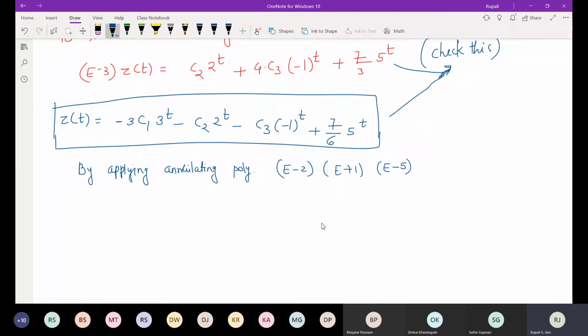The product of these three we will require because I am having three terms, the addition of three terms containing 2^t, (-1)^t and 5^t. If I want to annihilate this, if I apply E-2 it will become 0, the first term will become 0. If I apply E+1 over this, it will become 0. And if I apply E-5 over this, it will become 0. So I have to take the product of these three linear polynomials. Is that okay?